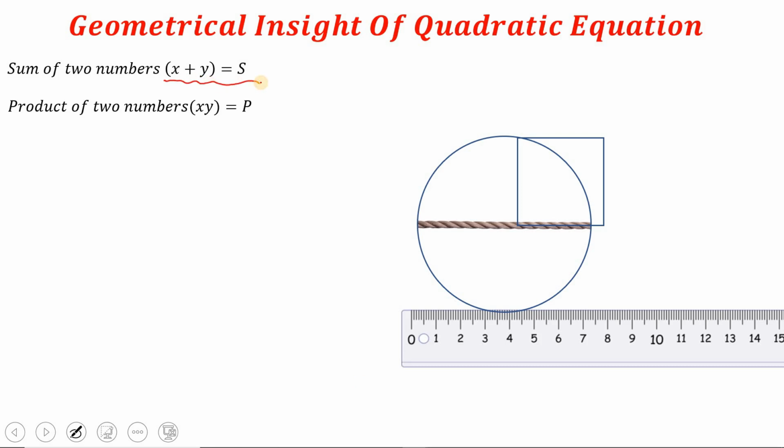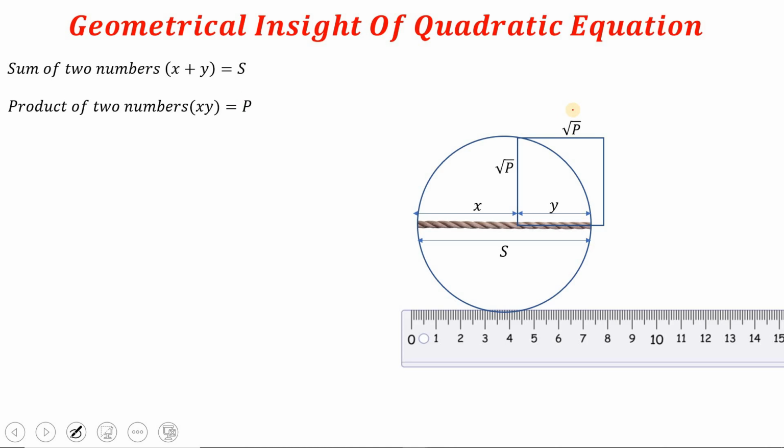So we already know this length of rope to be s, and this s can be represented as the sum of two numbers, say x and y. And we have imagined a square whose area is b, and its side is the square root of b.